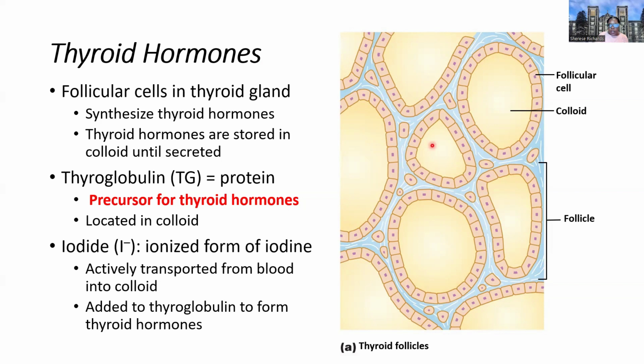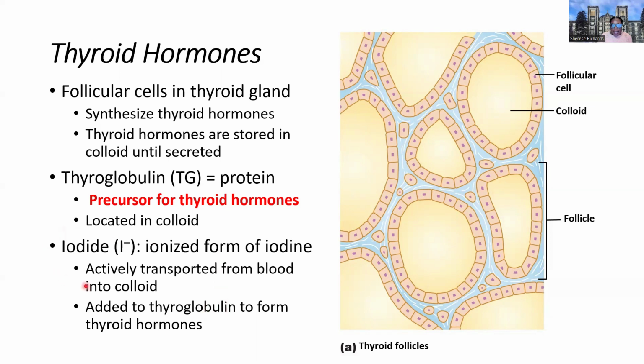Now, importantly, in order to utilize this thyroglobulin and turn it into T3, T4, we need iodide in its ionized form. And in order to do that, we need to have it in the diet, transported in the bloodstream, and then it can be used to make T3, T4, added to thyroglobulin, and that is how we convert thyroglobulin into these thyroid hormones.